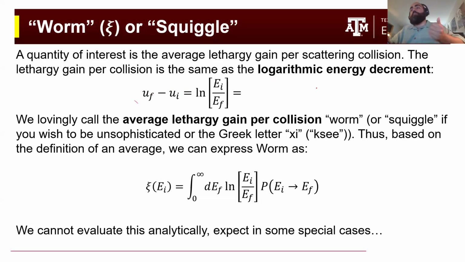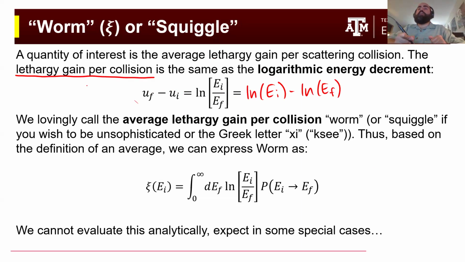And it's the same as the logarithmic energy decrement because of the definition of Ln, this is the same thing as Ln of E_i minus Ln of E_f. So what we have right here is just the lethargy gain per collision.